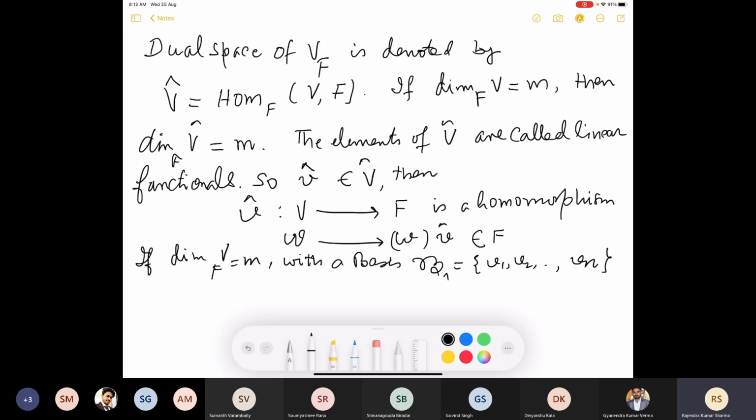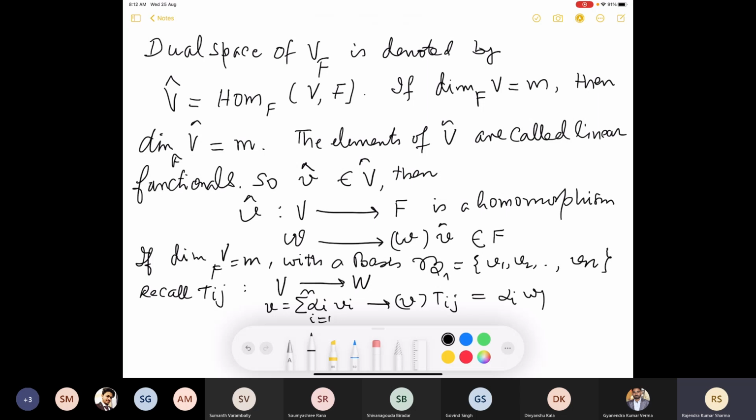So recall the Tij maps, how the Tijs are defined. They were maps from V to W, and a linear combination sum of alpha i Vi, i from 1 to n, goes to alpha i Wj.